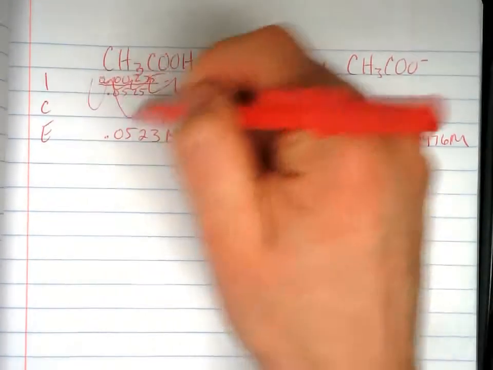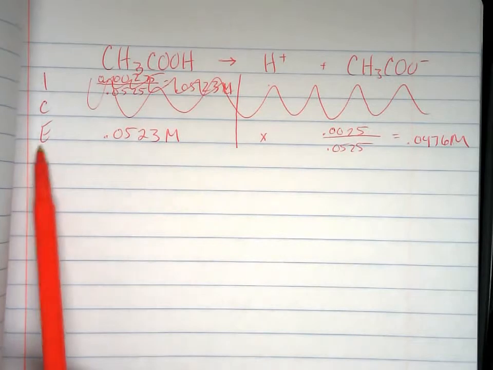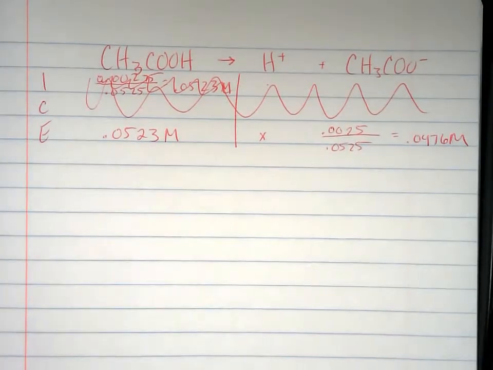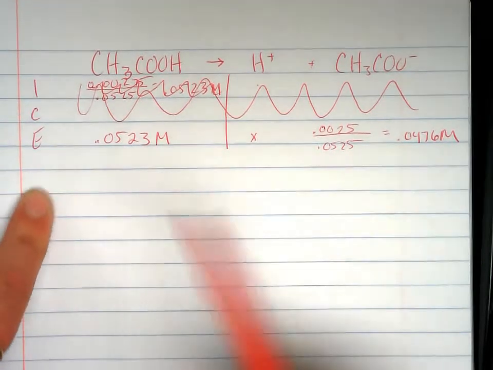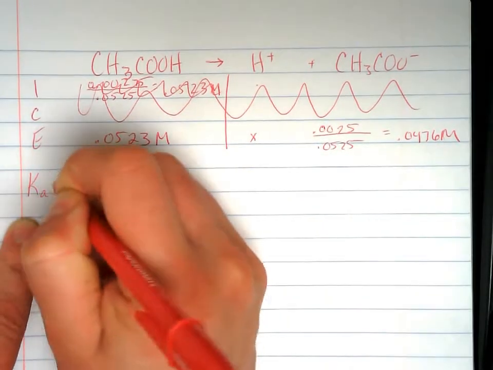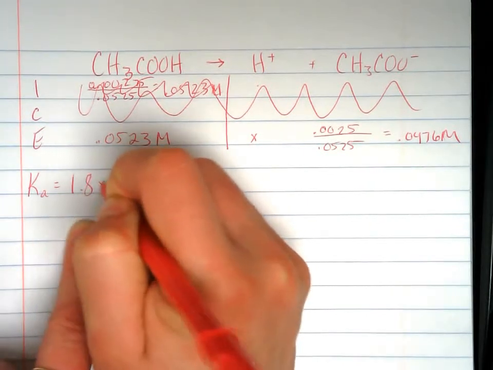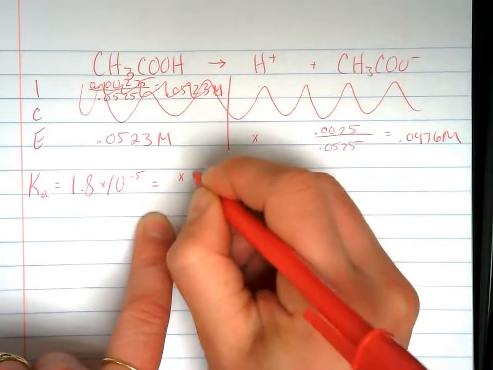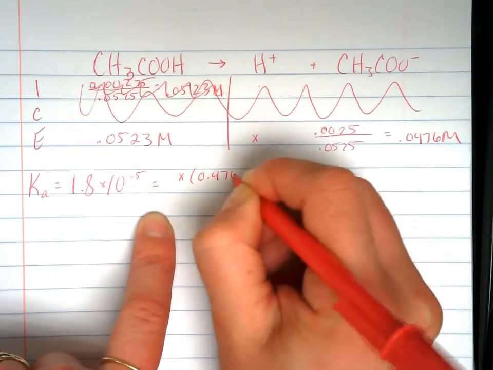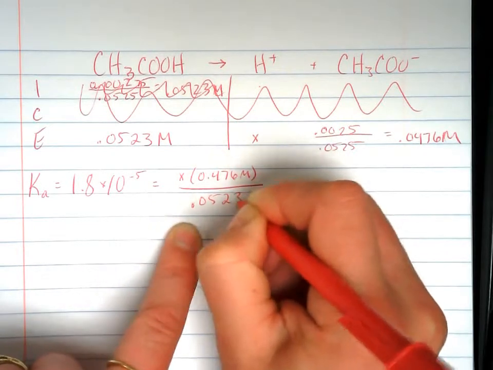Okay, so all of this stuff isn't important. I guess what's important is this. At equilibrium, once we've added our base, this is our equation for the dissociation of acetic acid. And so now we can use our Ka, which is 1.8 times 10 to the negative fifth. I know that's equivalent to x times 0.0476 divided by 0.0523.